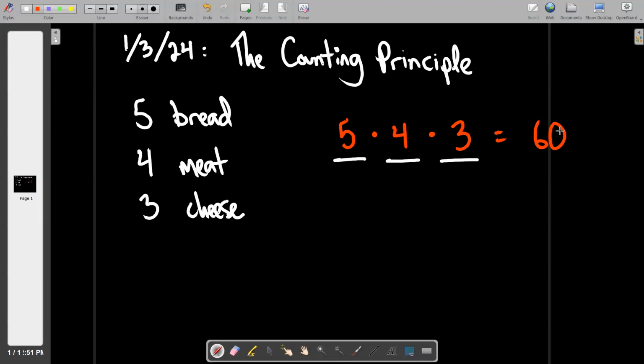And so you start thinking about all the possible different sandwiches you can make, and you're like, wow, that's a lot of sandwiches. So that's in its basic form what the counting principle says to do: line out the number of stops along the way that you're going to make, and then multiply the number of possibilities at each stop.